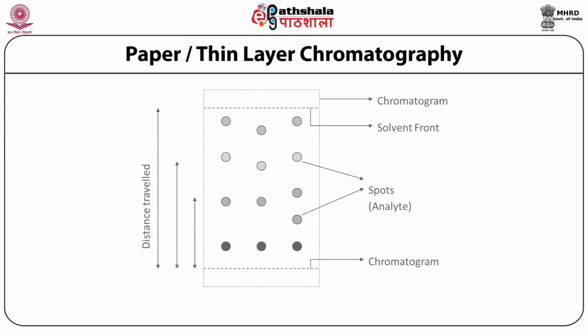If the RF value of a compound is near 1, then the solute is said to be highly soluble in the mobile phase and has no affinity for the stationary phase. This figure elaborates the determination of RF values. It can be calculated as the distance traveled by the compound divided by the distance traveled by the solvent.